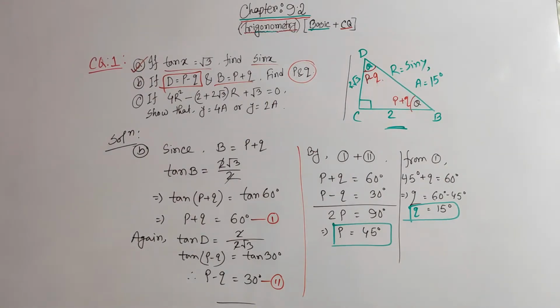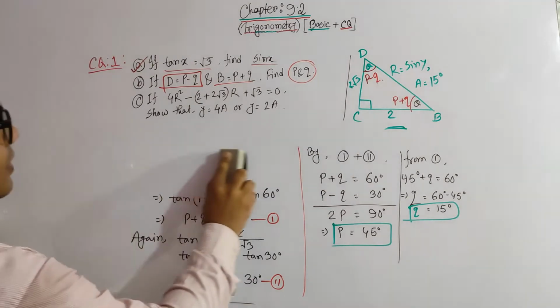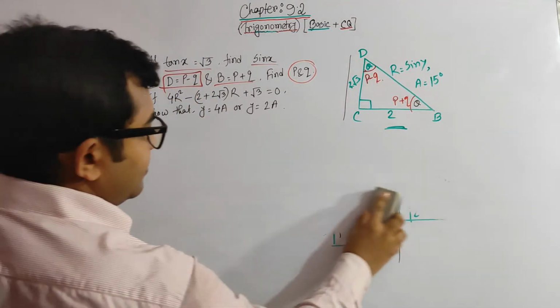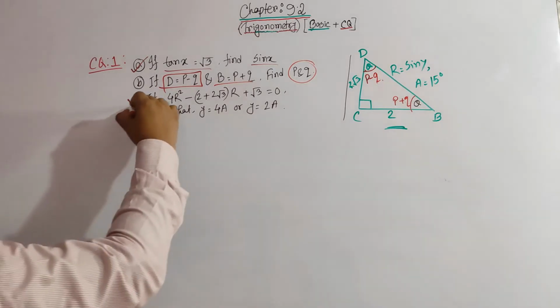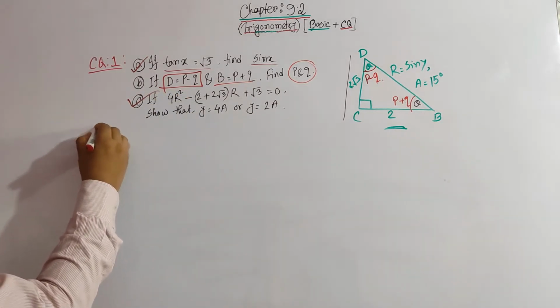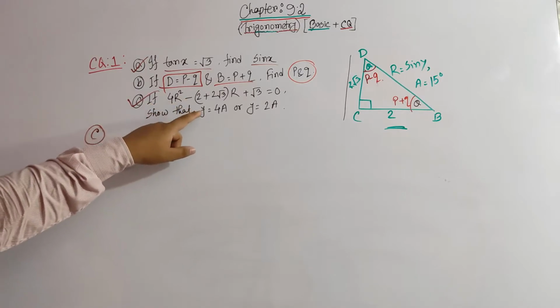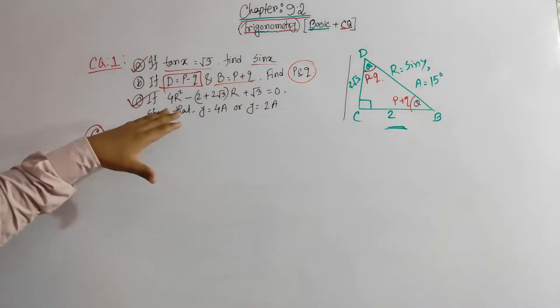Okay, now we move on to our last math, and what does this last math say? Read the question. The last math says that if 4r square minus (2 plus root 3)r plus 3 equals 0, then show that this.